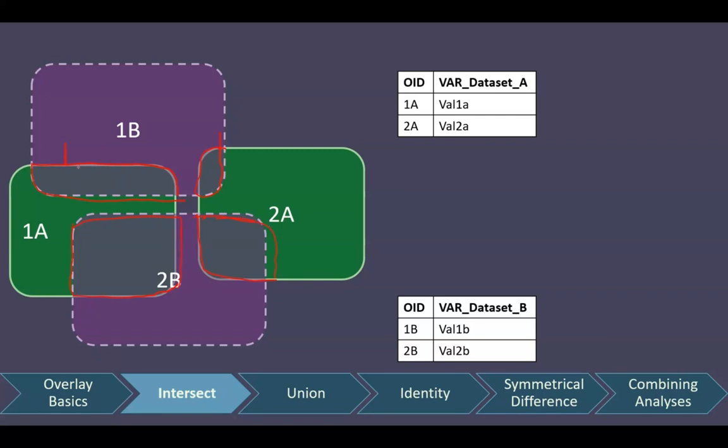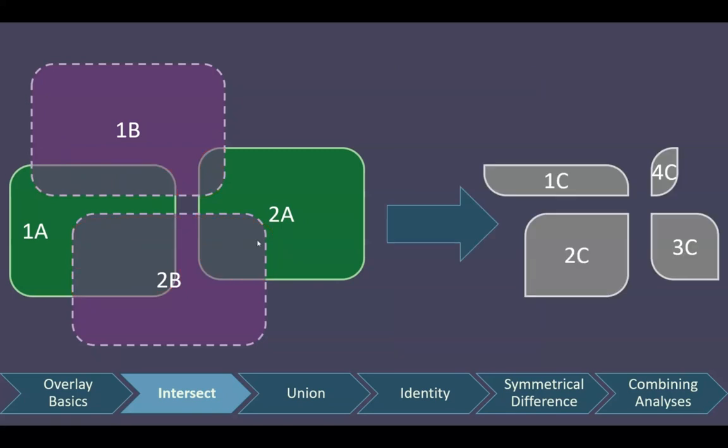We would have a new data set called C, so we'll have 1C, 2C, 3C, 4C. If I click through, I may have numbered them differently, but you see the same result. This area here is the same as this area here. This is 1C. So it is doing the exact same thing to the geometry that Clip was doing.